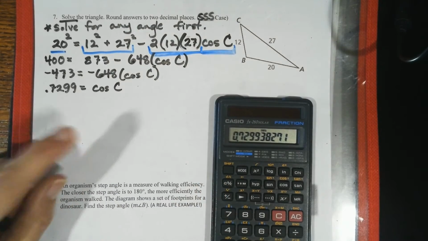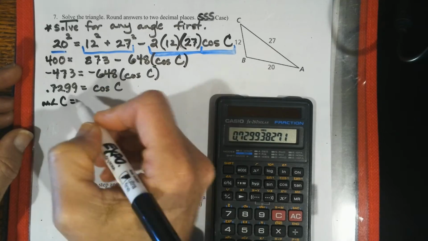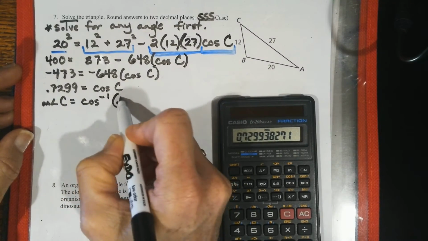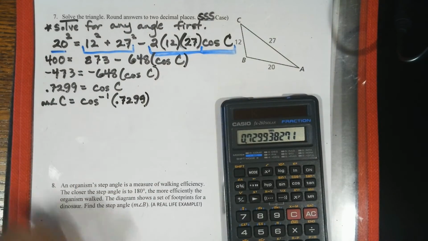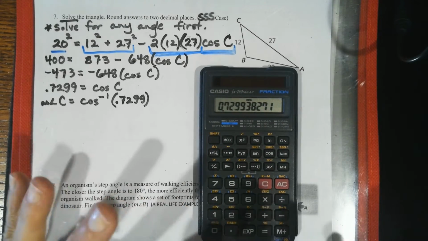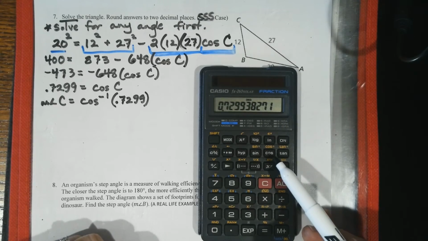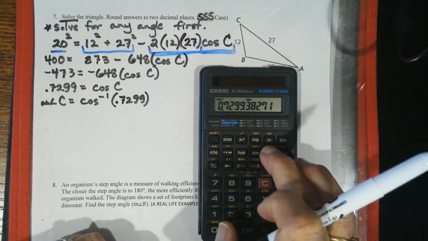So the cosine of C now, measure of angle C, is equal to the inverse of this ratio. So with this still on the screen, don't press clear all the time. With that on the screen, you can now press the shift and the cosine to get that little cosine inverse.